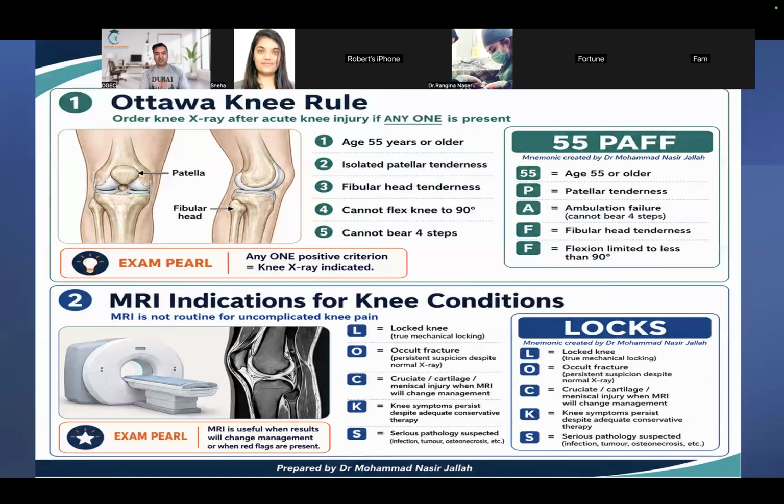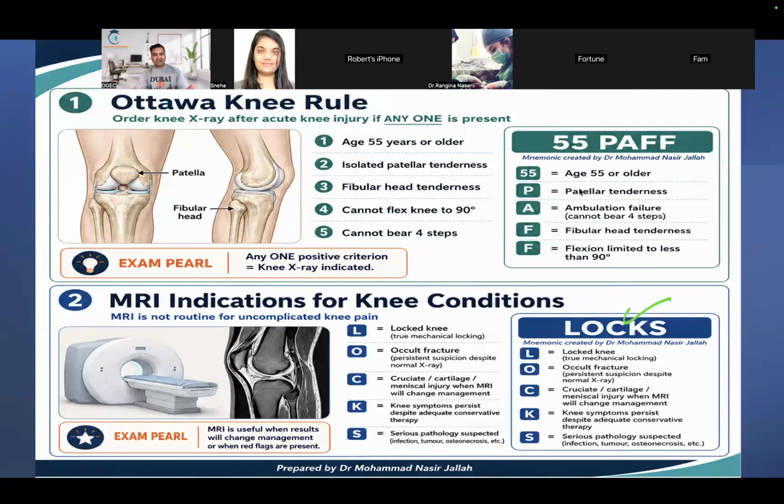Now, MRI indication for knee conditions. There is a mnemonic called LOCKS. L, lock knee, obviously a true locked knee, you have to do MRI. O, occult fracture. C, cruciate ligament or cartilage or meniscus injury when MRI will change the management. K, knee symptoms persist despite adequate conservative therapy.